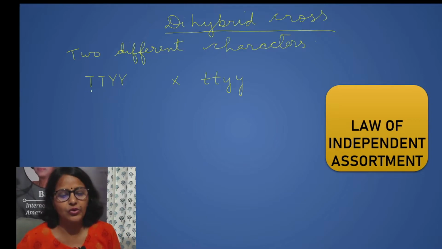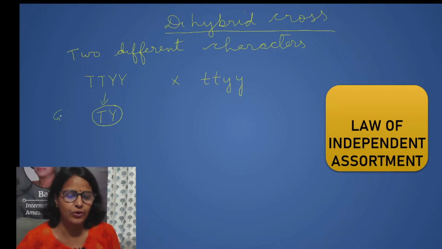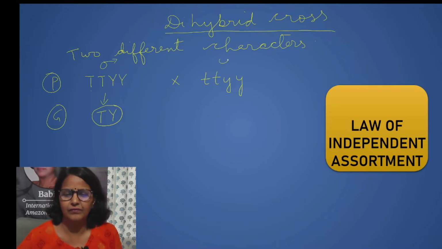Because we don't have any heterozygous gene over here, how many types of gamete will be formed? Only one type of gamete will be formed, so I am writing it only once. Here also no heterozygous gene, so only one type of gamete will be formed, that is small t, small y.